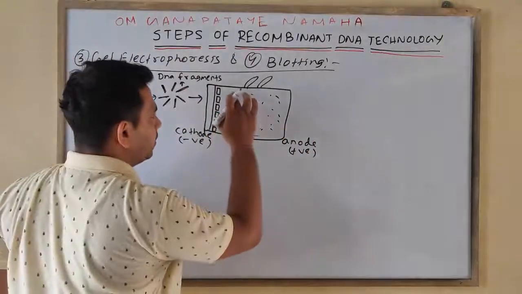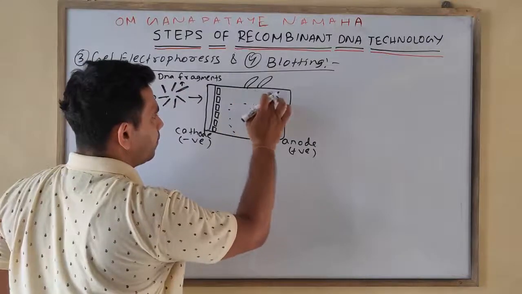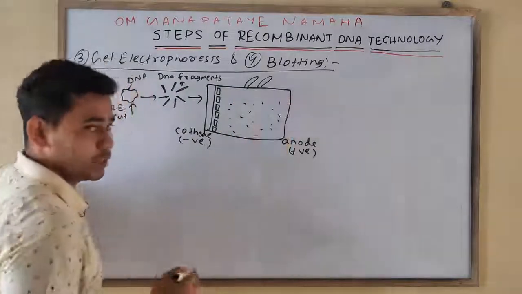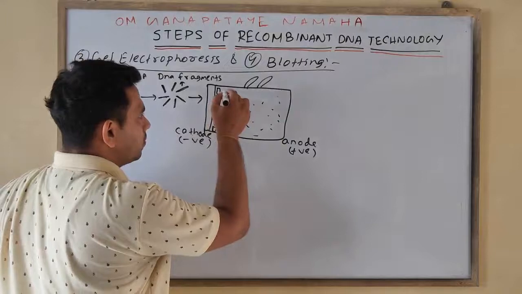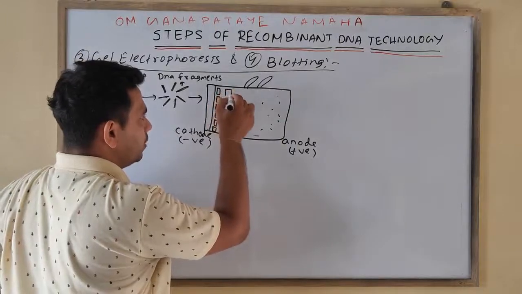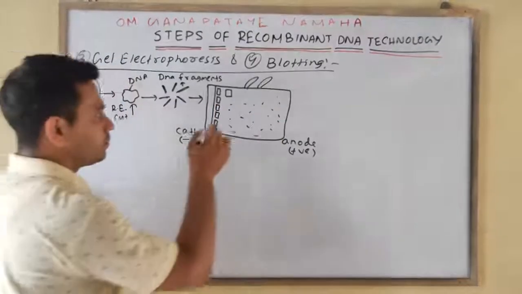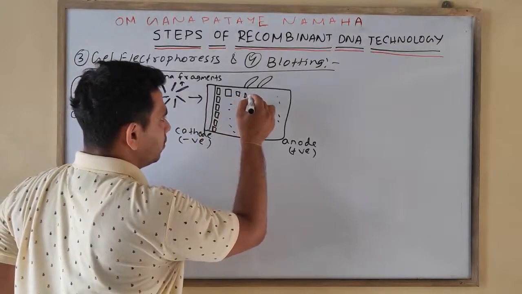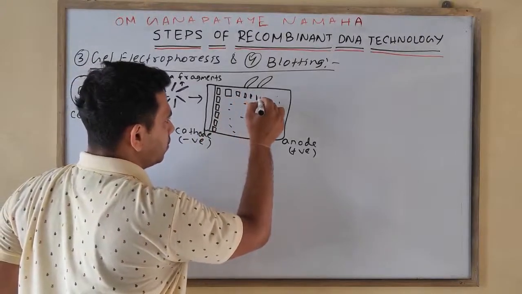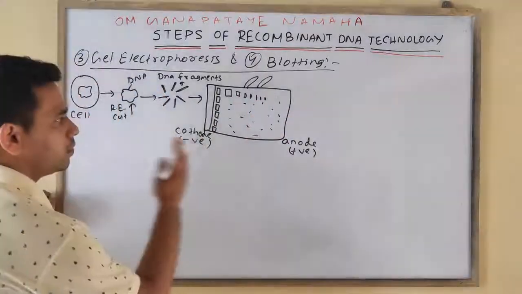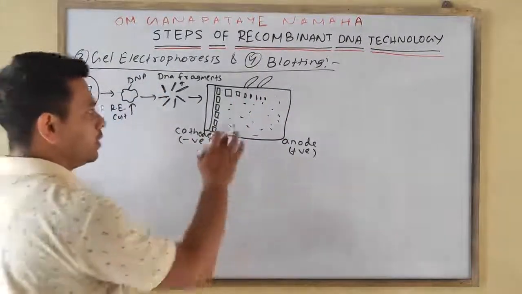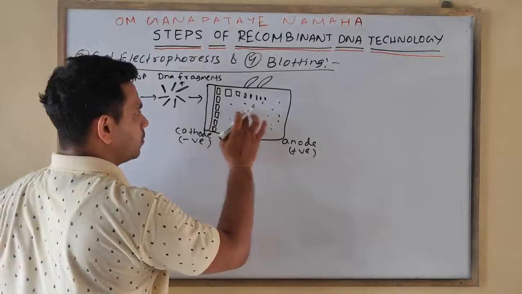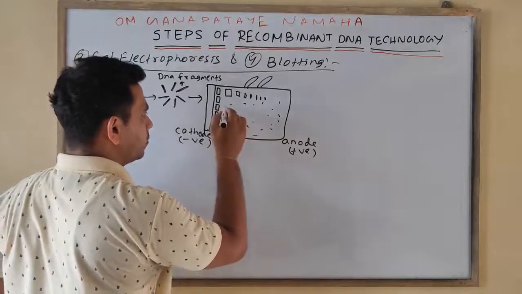It will be arranged according to size and shape. Suppose the largest one will be at the base, and gradually the smaller ones will be on the anode side.